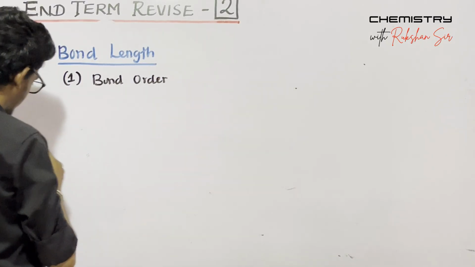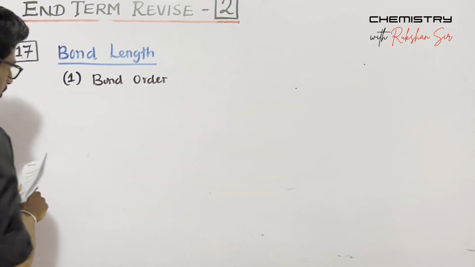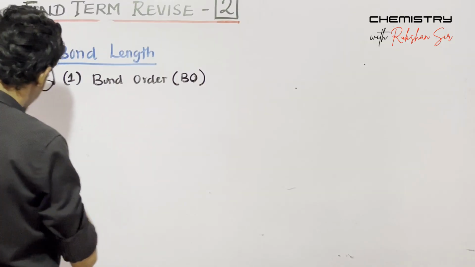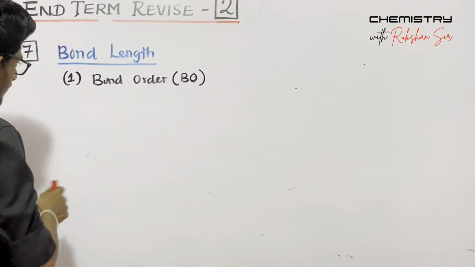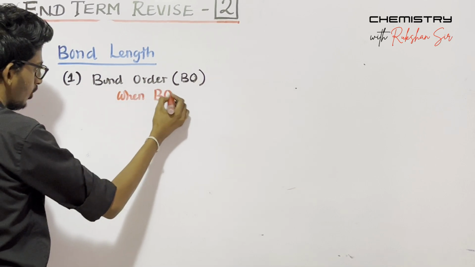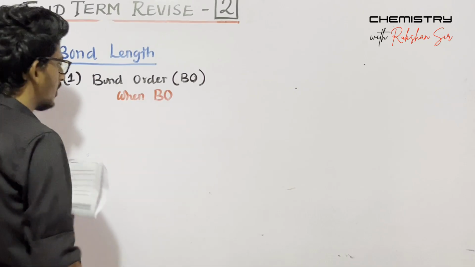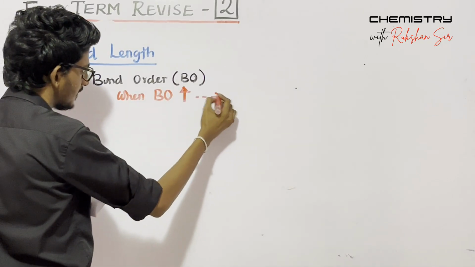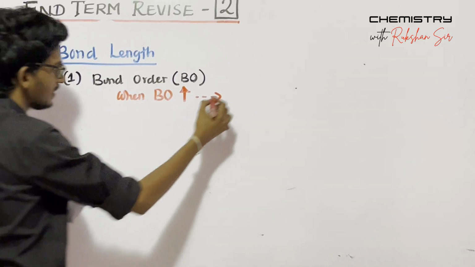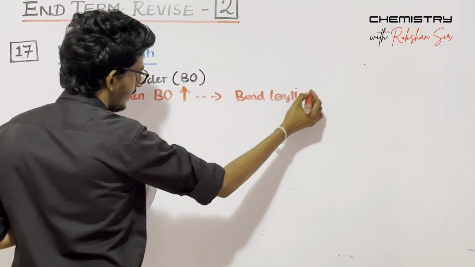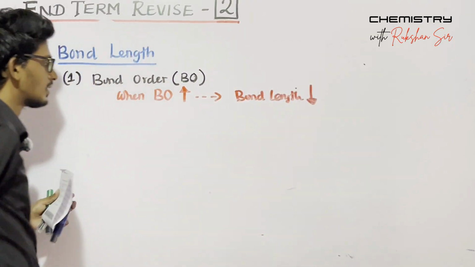The bond order is BO. It says when the bond order is high, that means the number of bonds between the two atoms is high, so your bond length is low.